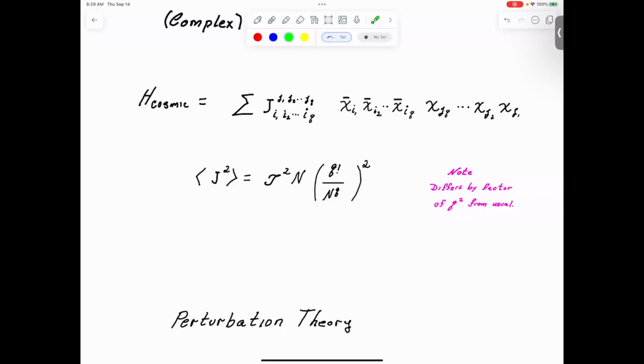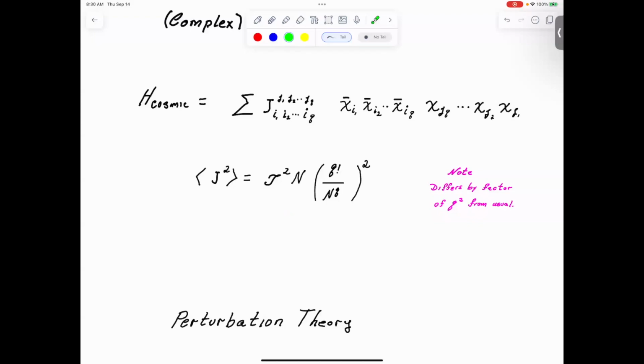Each term contains Q antifermions and Q fermions. It has a set of parameters J. Those J's are drawn from a statistical Gaussian distribution with a variance J squared. And here is the variance.